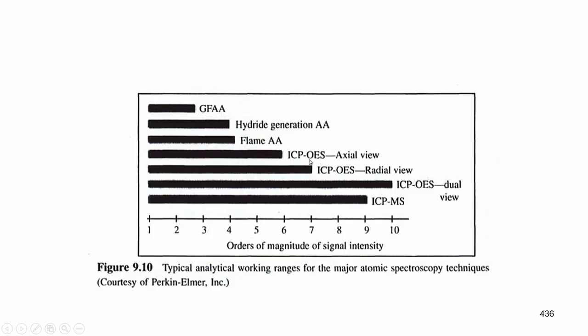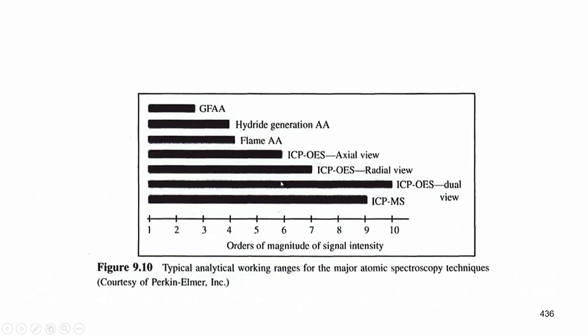Look at the ICP OES, inductively coupled plasma optical emission spectroscopy, also known as ICP AES, and ICP MS is also there. In ICP OES the signal handling can be up to 6 times, whereas this is about 3 times. ICP OES radial is around 7, dual view is about 10, and ICP MS is about 9.